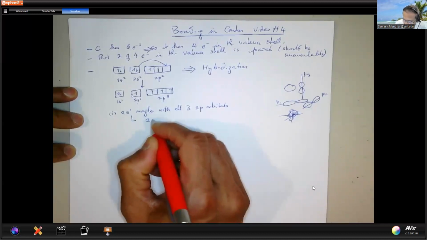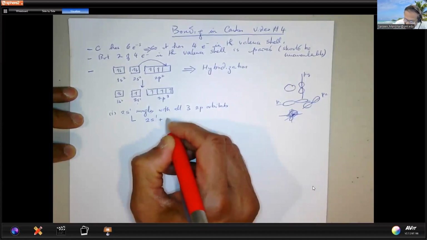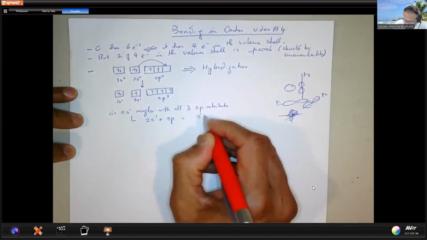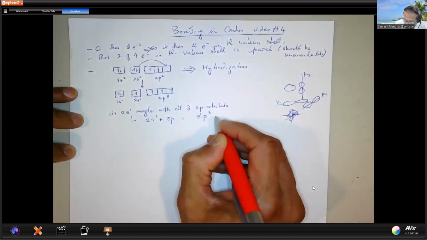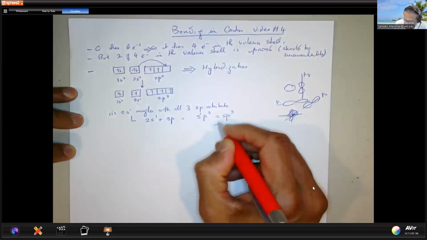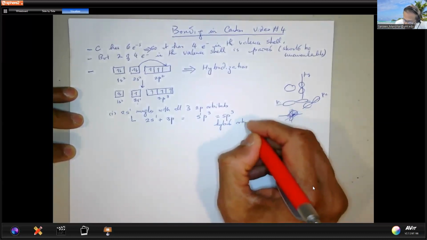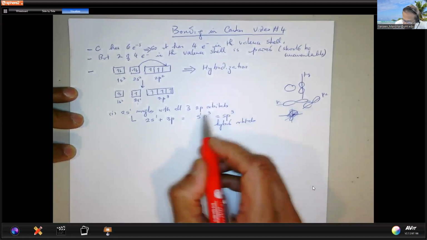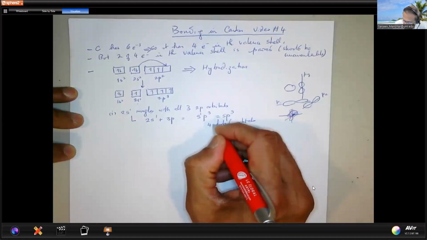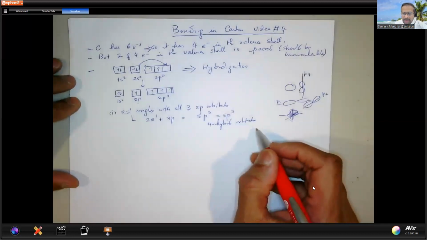That is 2s1 plus 3p, that's s1p3 or sp3 hybrid orbitals, right? sp3, 1 plus 3 is 4. That is 4 hybrid orbitals. So one carbon has 4 hybrid orbitals.